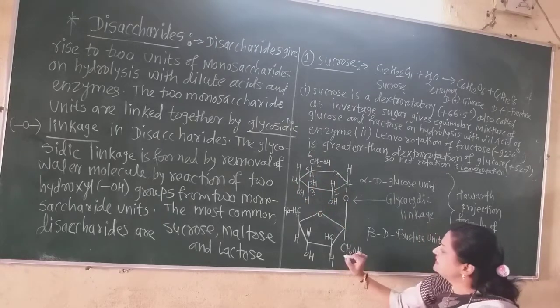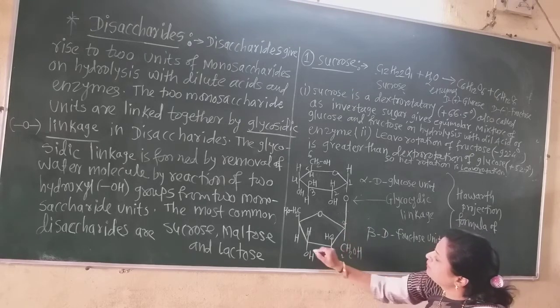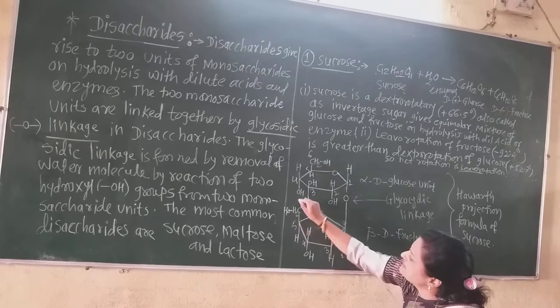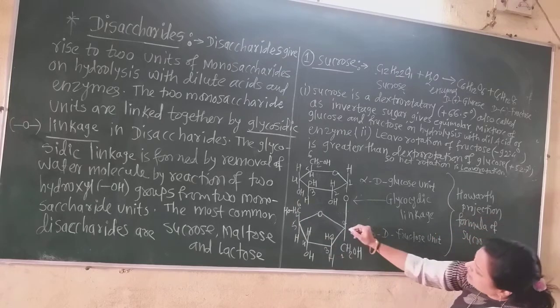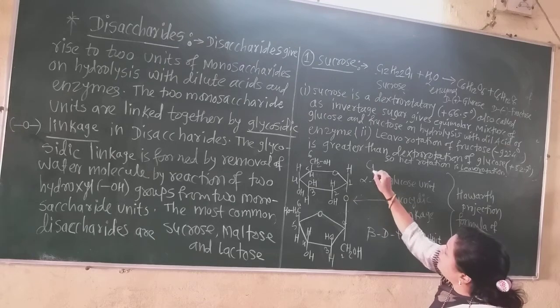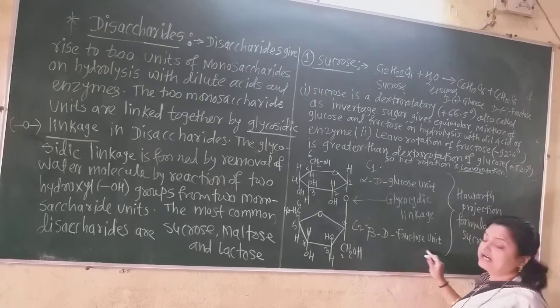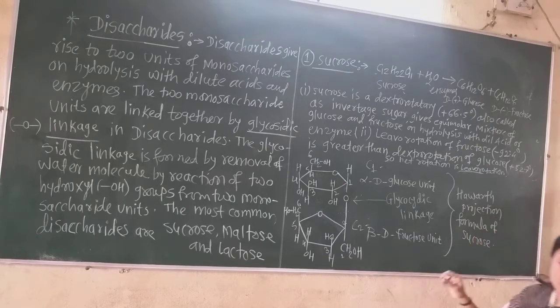And in fructose this is number 1 carbon, 2, 3, 4, 5 and this is the 6th carbon. Now see, there is the glycosidic linkage between C1 of the alpha D glucose and C2 of the beta D fructose. Now this is the structure of sucrose, which is a disaccharide.